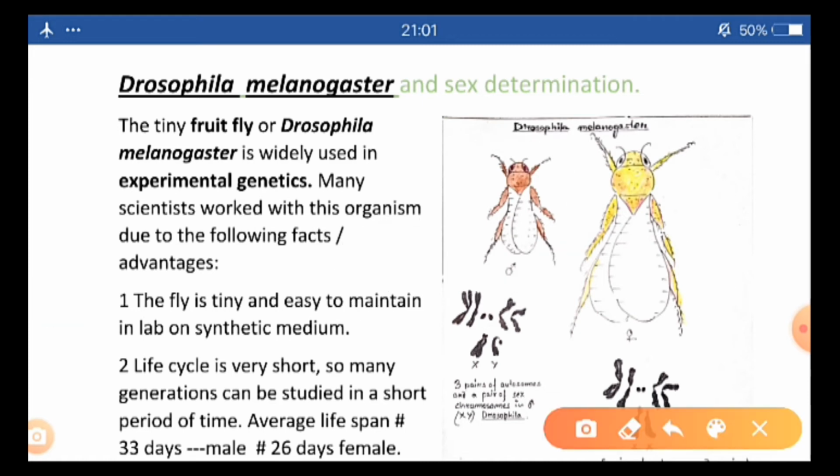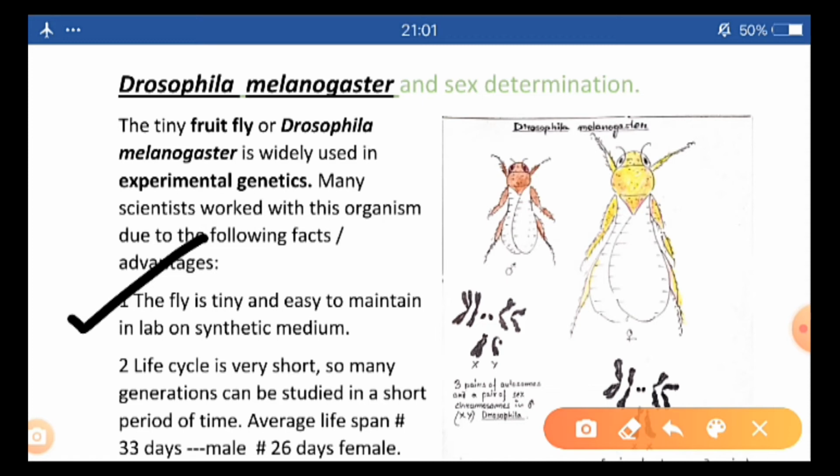You know, Drosophila are extensively used in experimental genetics. Why? Because they have many advantages. The first advantage is the flies are very tiny.